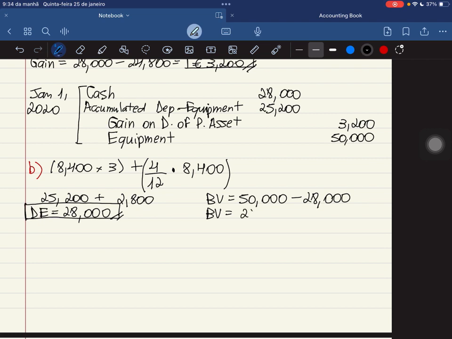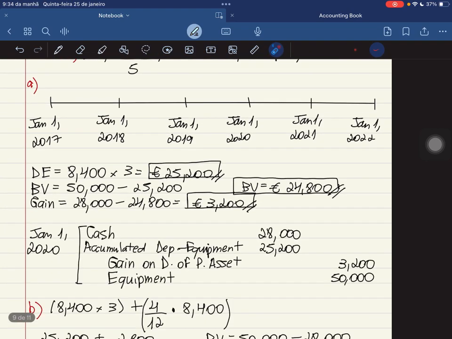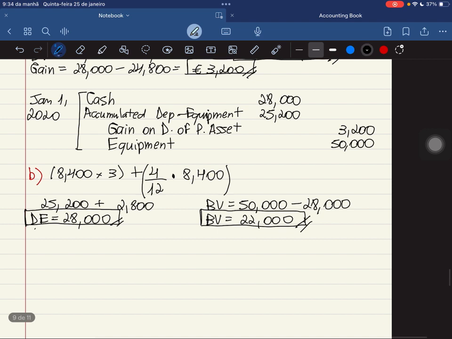That is 22,000. Okay. So if I sold for more than 22,000, gain. If I sold for less, loss. How much did I sell it for? I sold for 28, so there is a gain. And how much is that gain? Just 28,000 minus this 22,000. What is the difference? It is 6,000. So that is my gain.